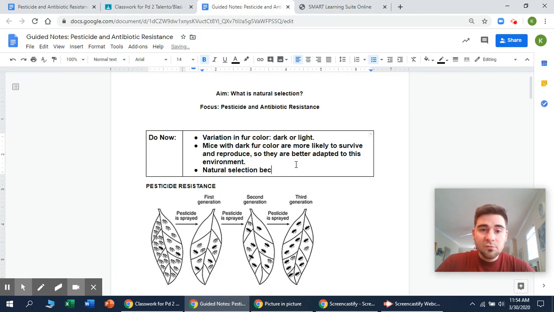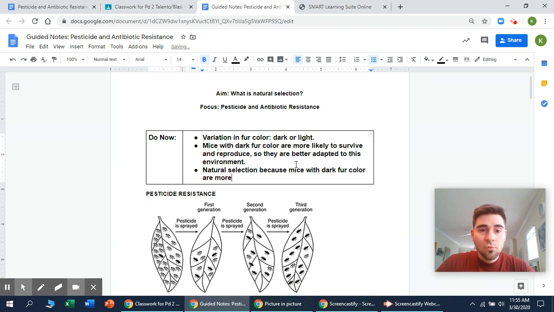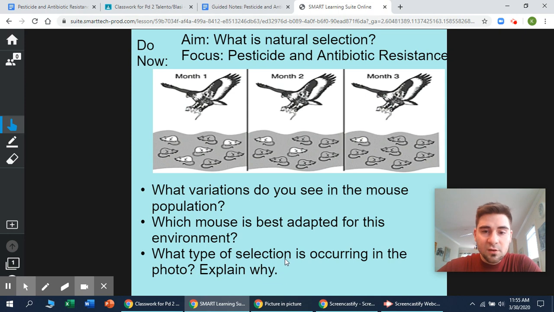So natural selection, because mice with dark fur color are more likely to survive and reproduce. Okay, so natural selection is really the same as adaptation, right? Adaptation comes from natural selection.